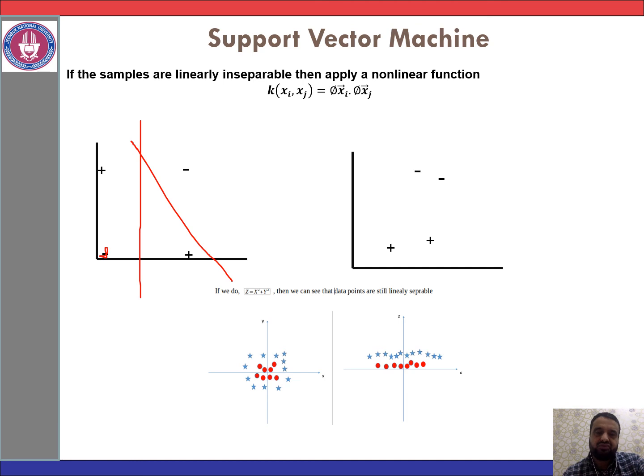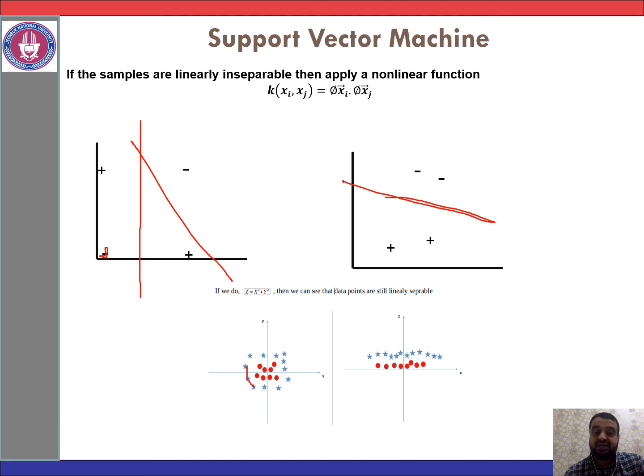So what we need to do, we will pass this data set through a kernel, and then after passing it through a kernel we will get this kind of distribution, and now we can easily separate this into positive and negative classes. Similarly, there are two classes here. One is the outside star class, and the second one is the red circle class, which is inside the star class.